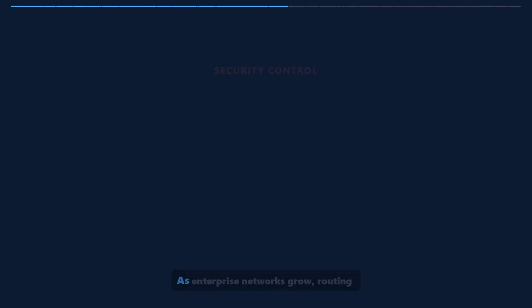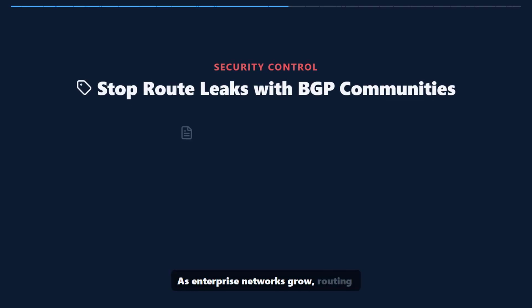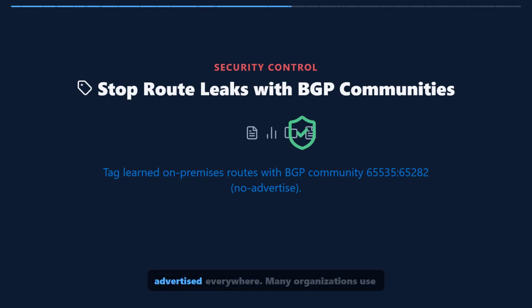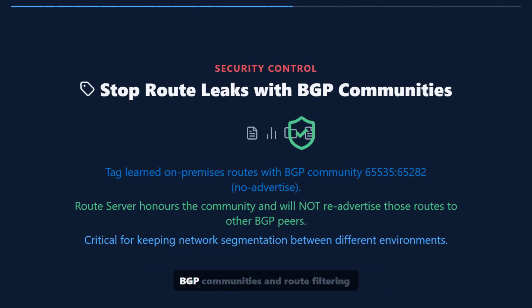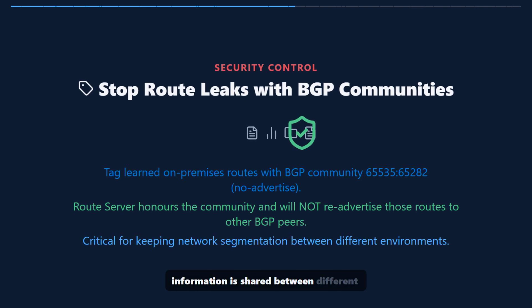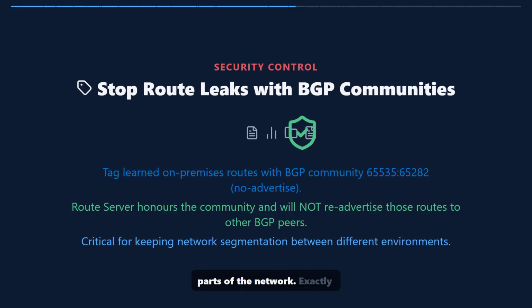As enterprise networks grow, routing policies become increasingly complex. Not every learned route should be advertised everywhere. Many organizations use BGP communities and route filtering policies to control how routing information is shared between different parts of the network.